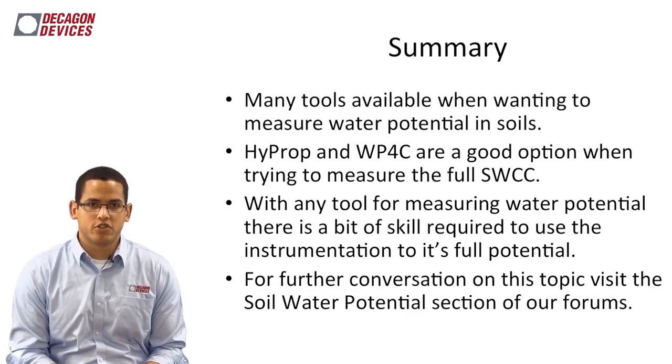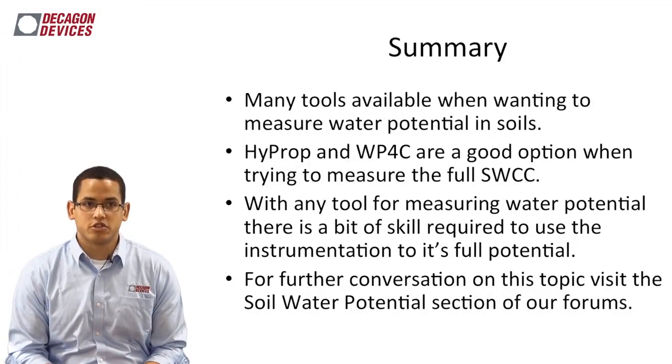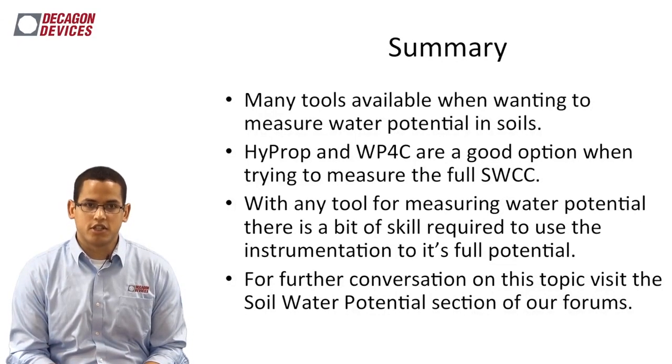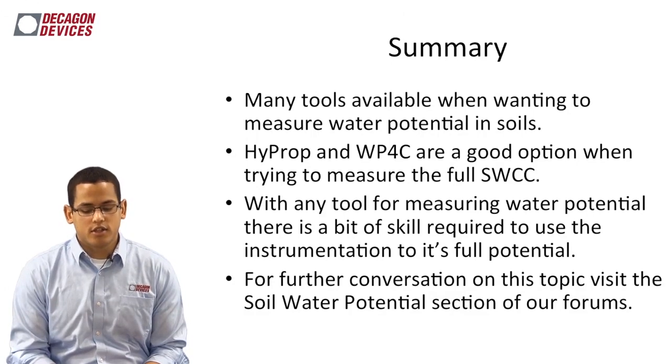The HYPROP and the WP4C are a good option when trying to measure and generate the full moisture characteristic curve in the lab. But of course, with these two instruments, it does require some skill and technique and some practice. It takes a little bit of time to get good at using these two instruments together. But it can be done, and you can generate some really nice data using them. And as with any tool for measuring soil water potential, again, there's a bit of skill required to use the instrumentation to its full potential.